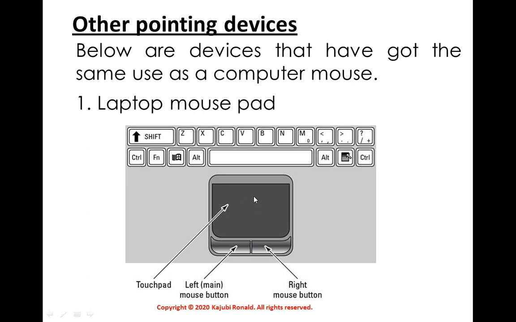This touchpad is the one we use to move the pointer from one place to another. This area here, you just swipe that area using your index finger, right? Good. So you can use a laptop mouse pad to move the pointer from one place to another. That's why we are calling a mouse touch pad an example of a pointing device.